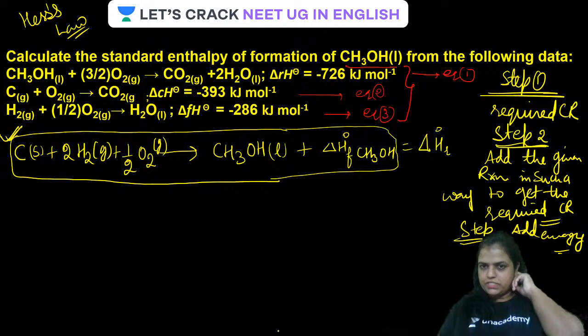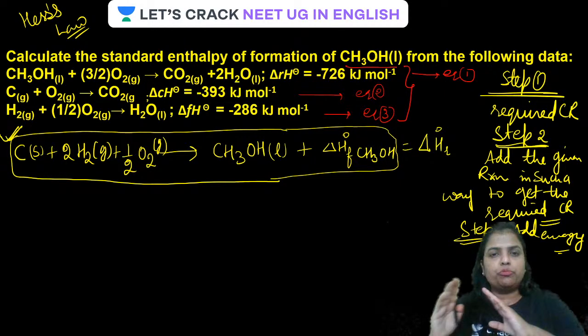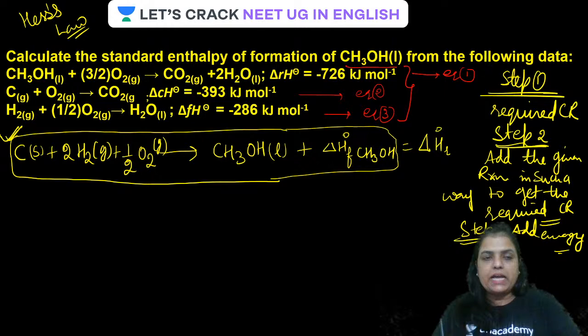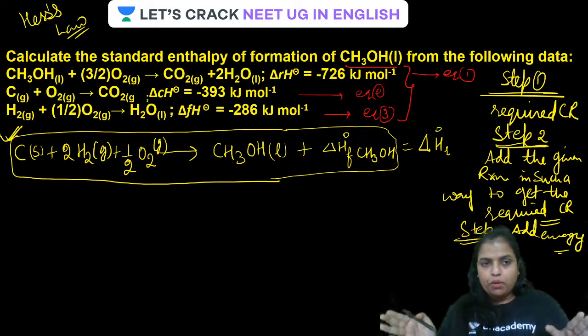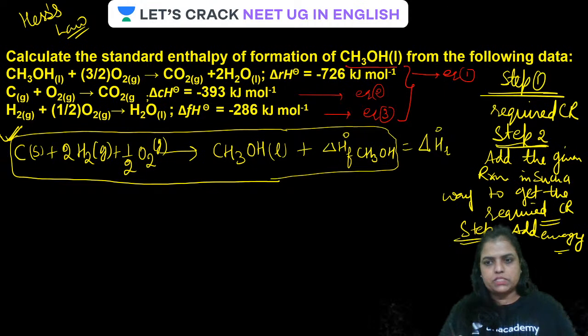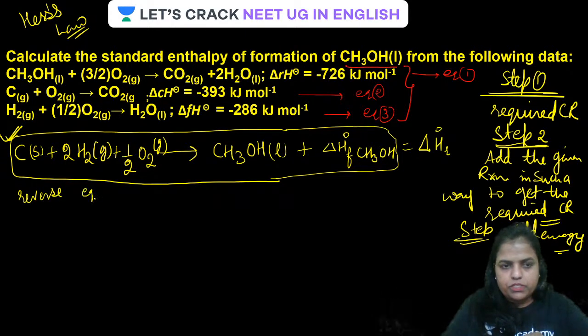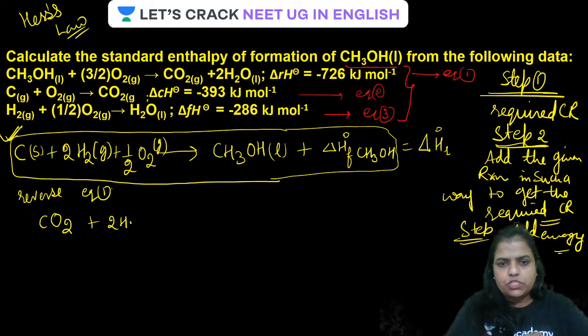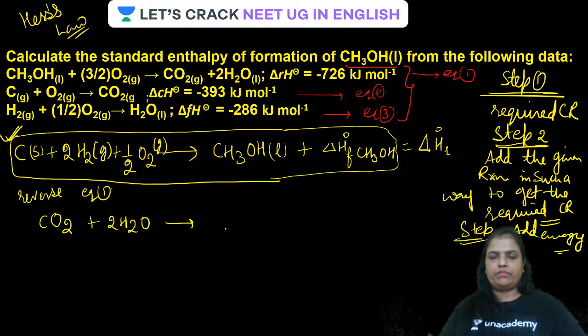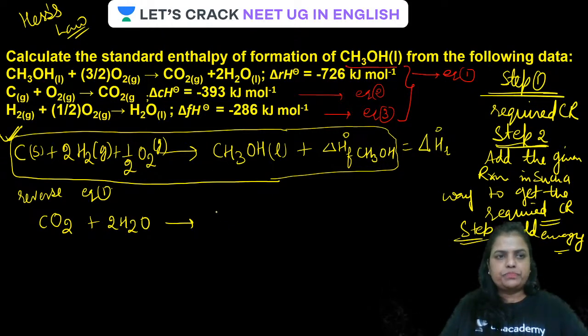So it is very clear from here that methanol should be present on the product side, whereas in equation 1 it is present on the reactant side because the combustion of methanol is given to us. So what we are going to do here is reverse equation 1 first of all. On reversing equation 1, we get CO2 plus 2H2O will give 1 mole of methanol plus 3/2 moles of oxygen.